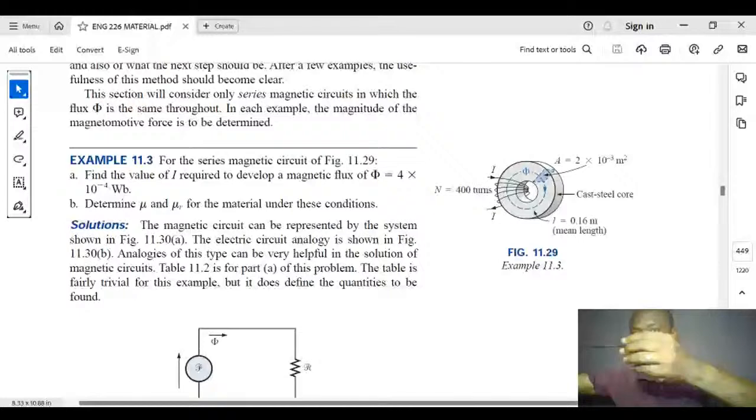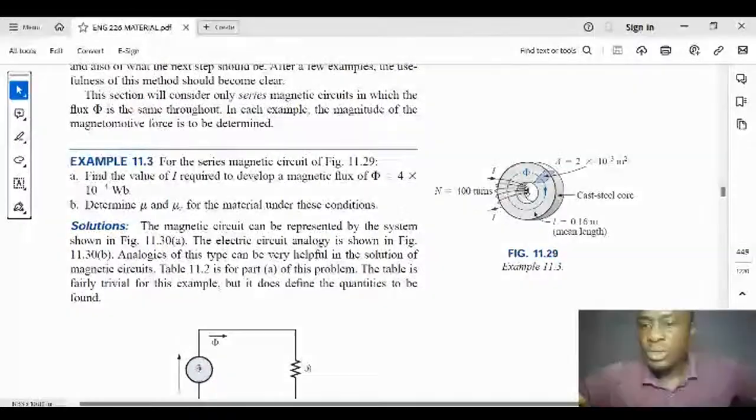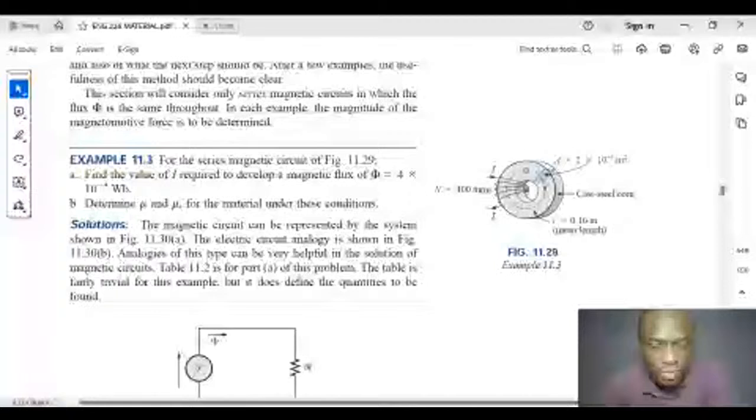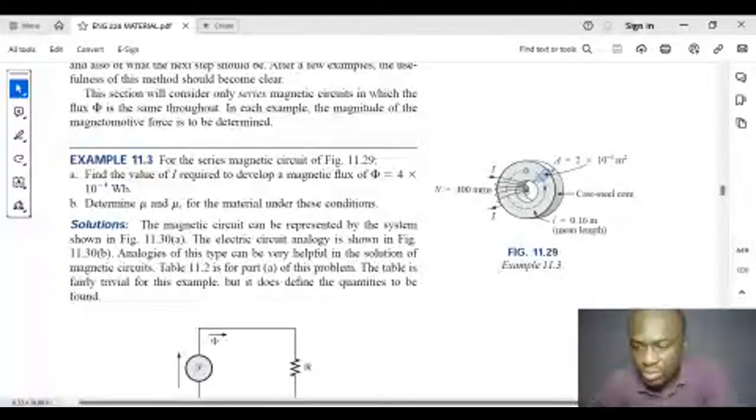Watch it. Expand it now. Let me even join and see.